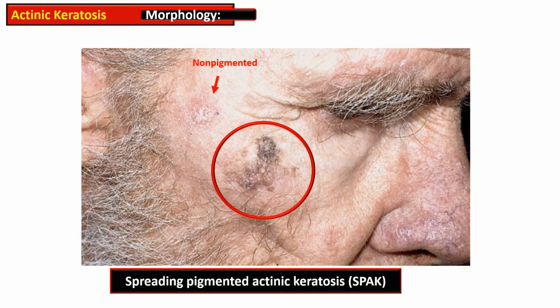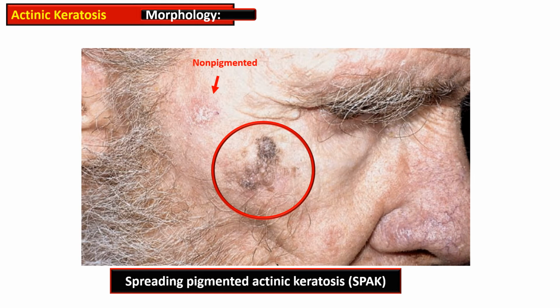Speck or spreading pigmented actinic keratosis is another rare presentation of actinic keratosis. In this, the actinic keratosis looks like lentigo maligna, but it is rough and therefore it feels like actinic keratosis.